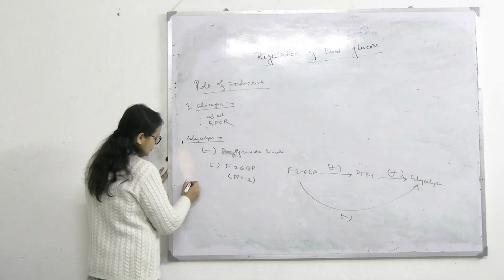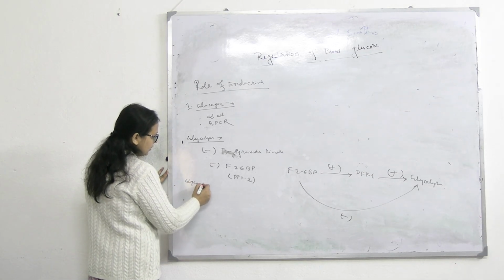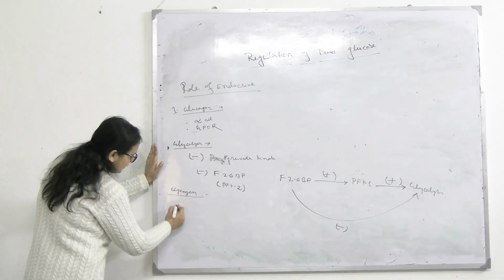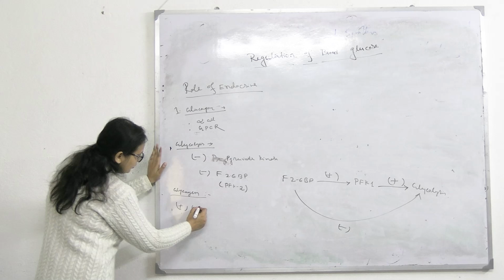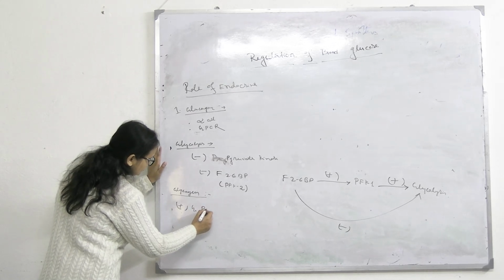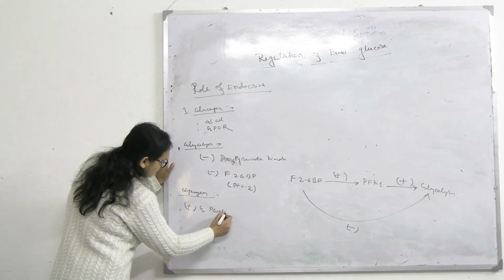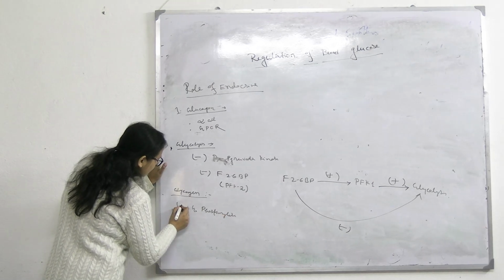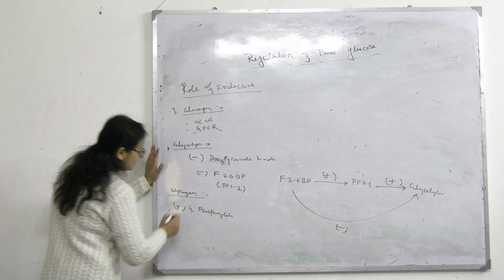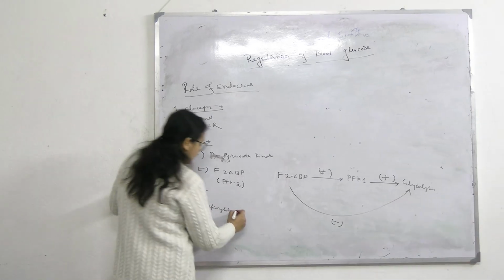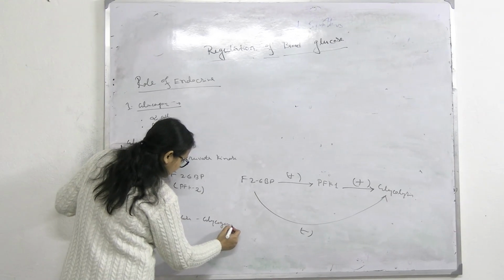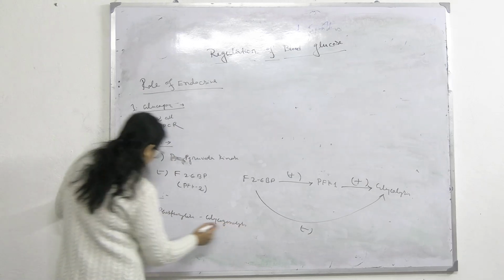Now coming to glycogen metabolism. What happens to glycogen metabolism? It activates glycogen phosphorylase. Phosphorylase is an enzyme of glycogenolysis or glycogen synthesis? Glycogenolysis.